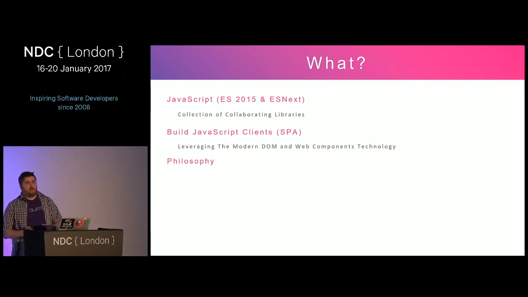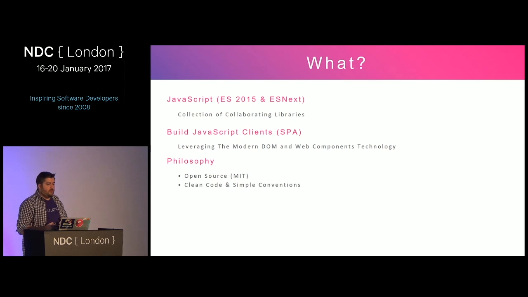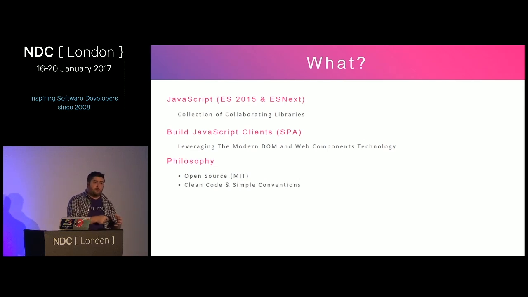So the philosophy of Aurelia, first off, we're open source, we're MIT licensed, we are free, we always will be free. But more important than that is that we focus on clean code and conventions. When I say clean code, you go look at our source code for the framework, and it's very clean, it's very readable.